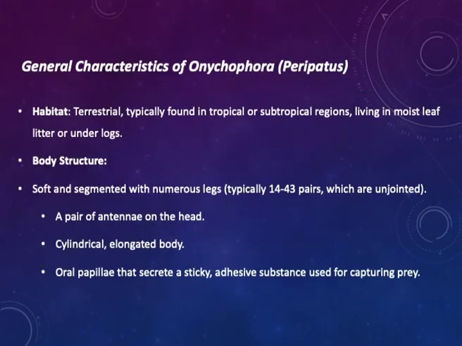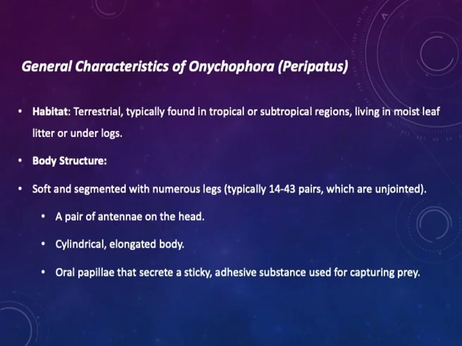Now coming to general characteristics of Onychophora. Coming to habitat, how they are living and where they are living. They are terrestrial, typically found in tropical or subtropical regions, living in moist leaf litter and under logs. How is the body structure of Onychophorans?